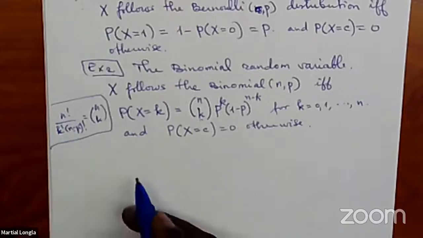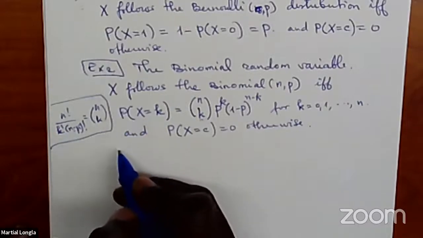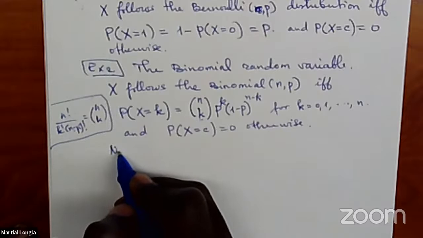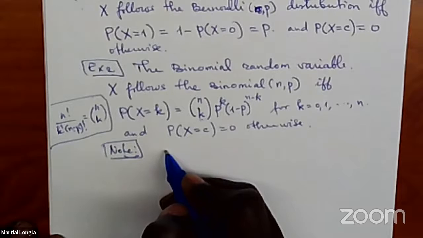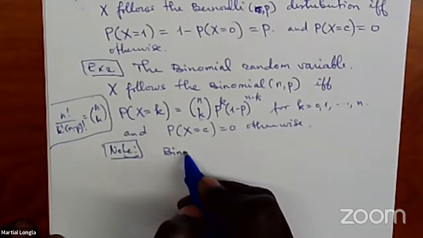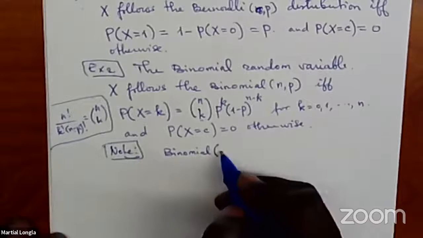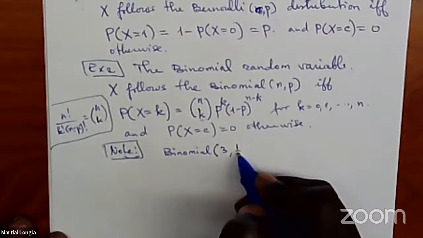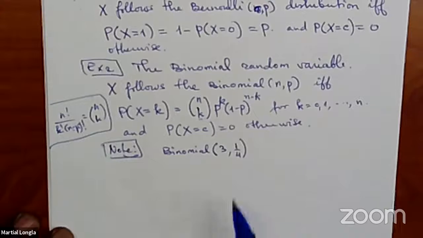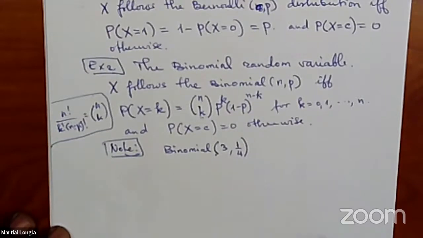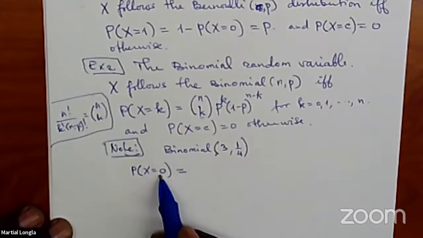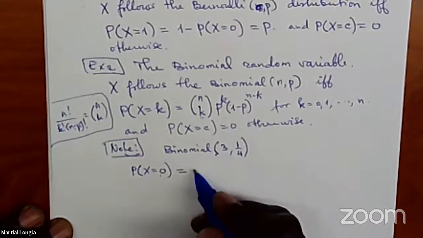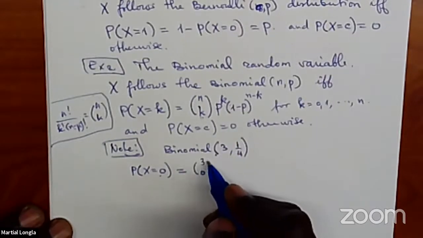So here, for instance, inside that example, we could say we take binomial 3, 1/4, which means n is 3 and p is 1/4. Probability that x equals 0, that's k 0. So n is 3, so that's choose 0 out of 3.